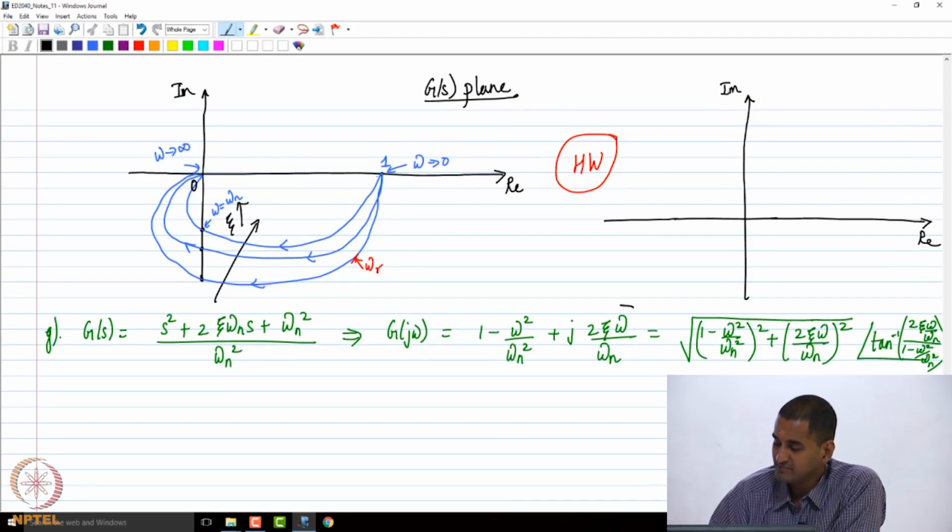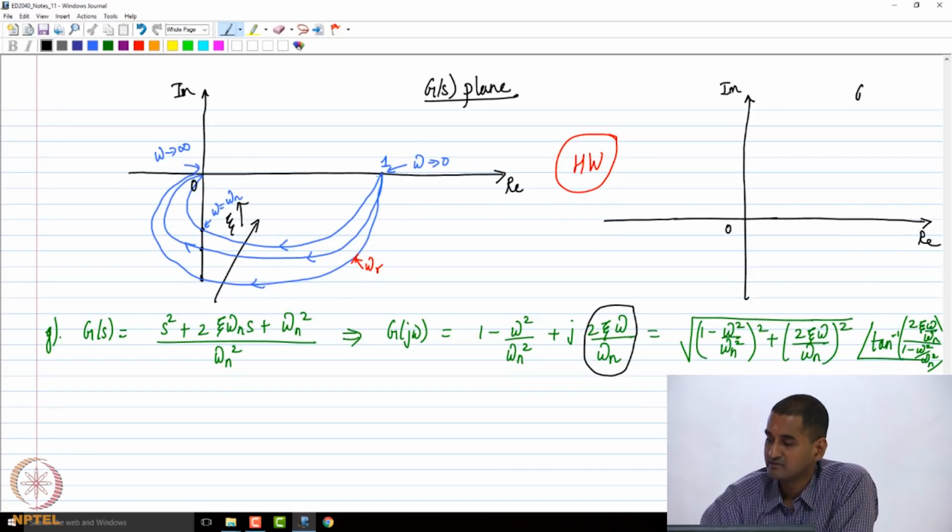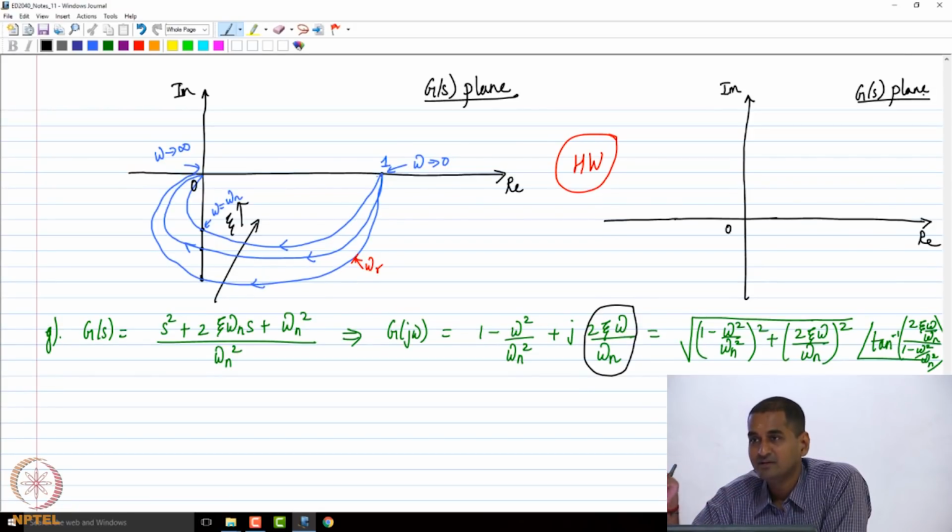The imaginary part is 2 zeta omega by omega n, so it's always going to be non-negative. What can you say about the real part? It is first going to be positive, then it becomes 0 at omega n, then it becomes negative. But you can see that the real part monotonically becomes more and more negative after that, and the imaginary part becomes more and more positive after that.